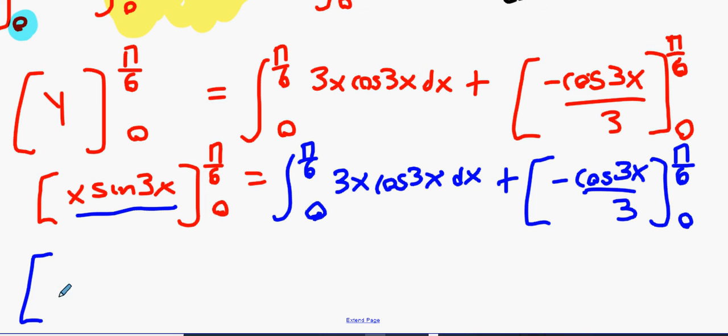X is pi over 6, isn't it? And what's 3 times pi over 6? Pi over 2. What's sine pi over 2 or sine 90? Is it 1?